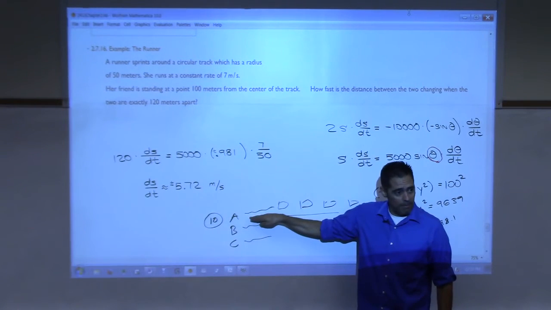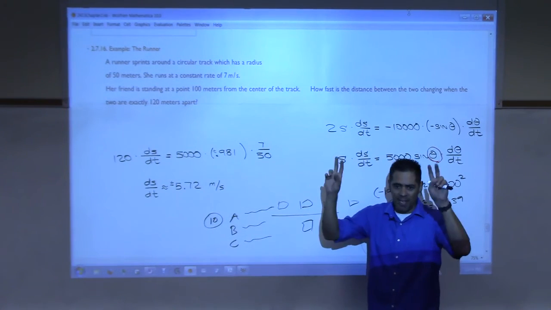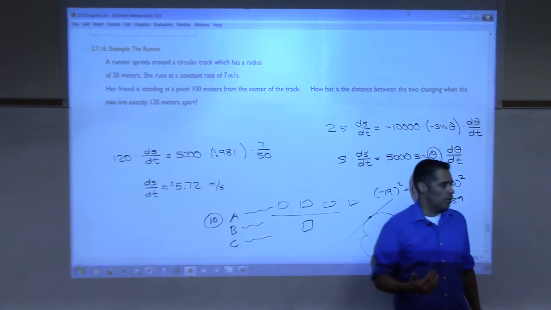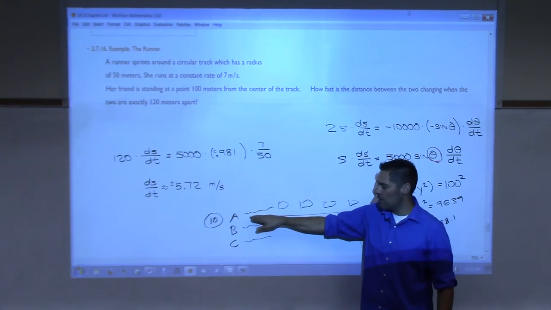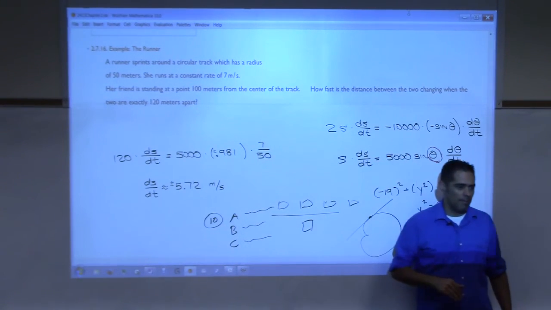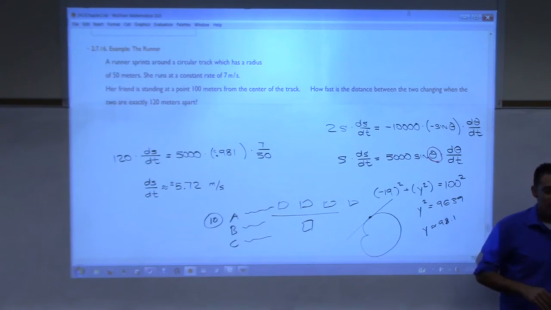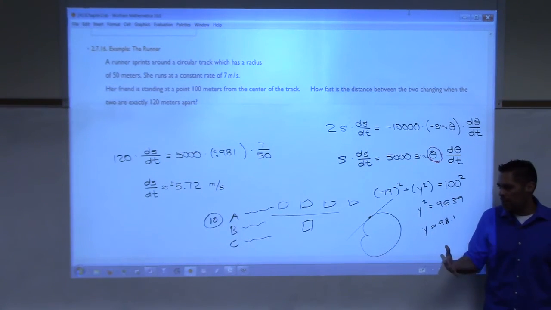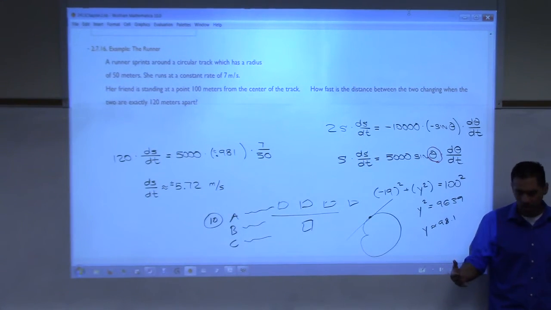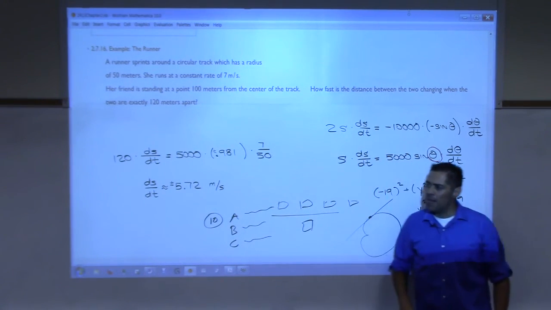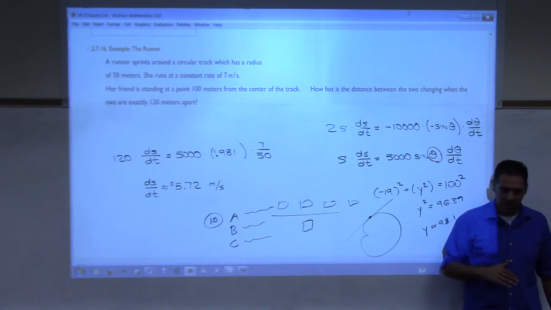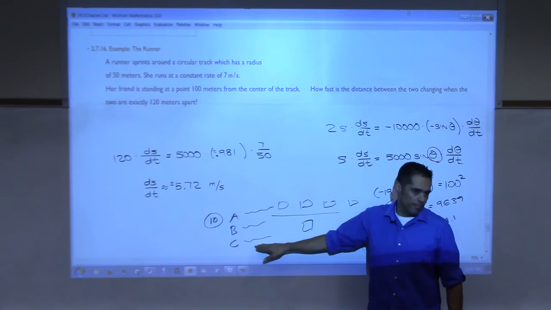This would be a hard one, but let's say this problem is worth 10 points. If you get it right, you get 10 points. If you choose the B level problem, then the highest you could get on it would be an 8.5 out of 10. Make sense? If you chose the C level problem, the highest you could get would be a 7.5 out of 10. But this problem would be basic.